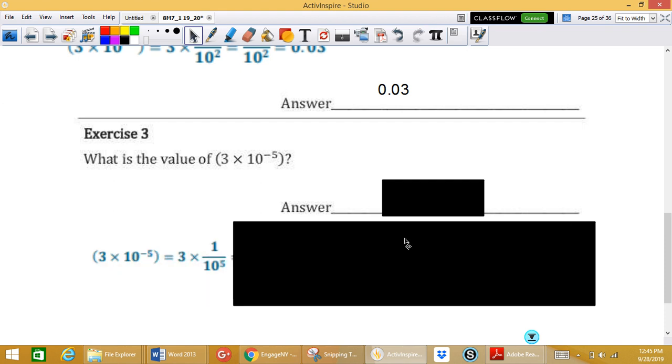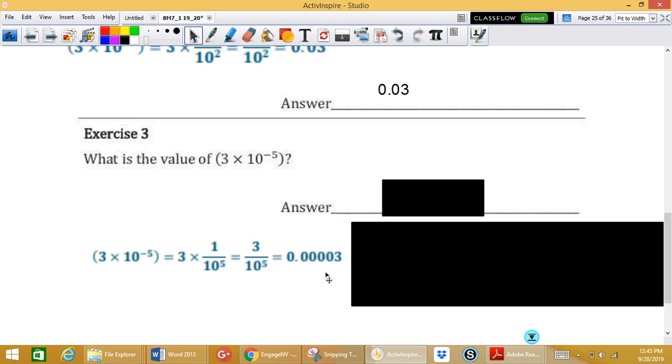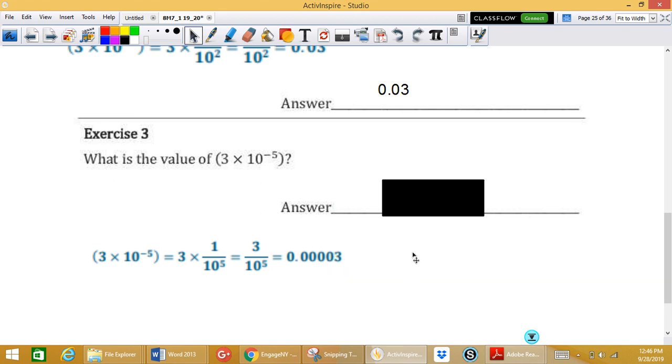That's 3 times 1 over 10 to the 5th. So it's 3 over 10 to the 5th. Tens, hundreds, thousands, 10,000s, 100,000s. So 3/100,000ths is our answer.